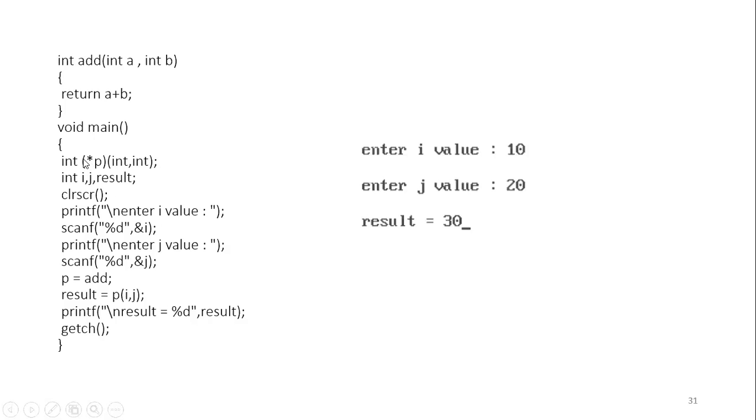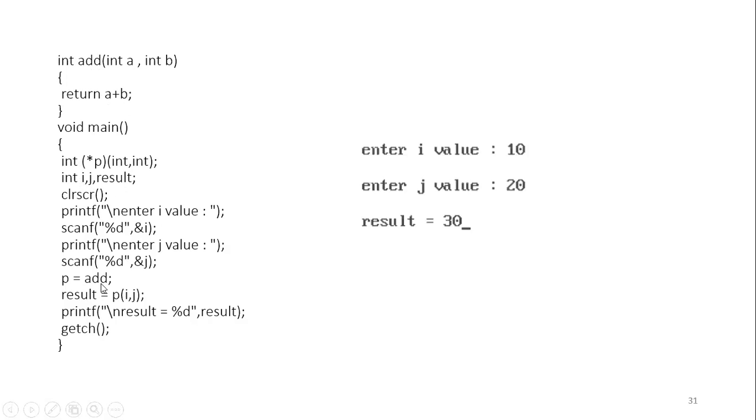Here p is a function pointer which will point to a function which will return an integer. Here the return type is integer, so the function pointer should return an integer. Here this add function is accepting two integer variables. This function pointer is pointing to a function which accepts two integer arguments. So p is equal to add.